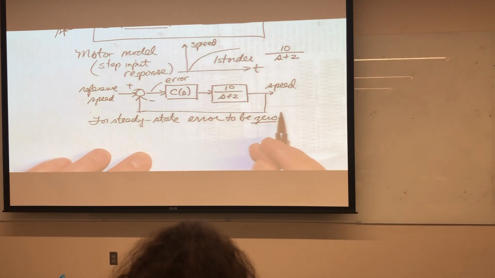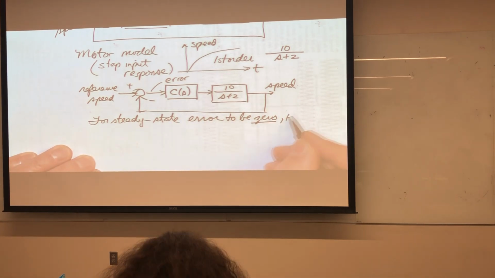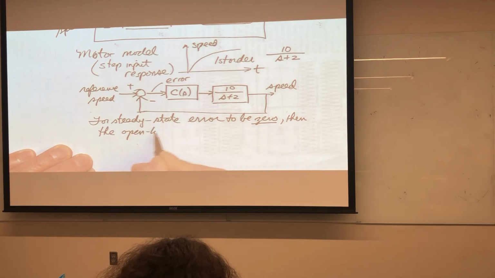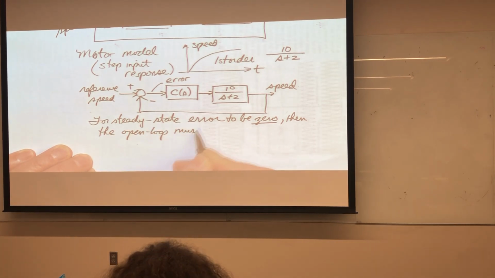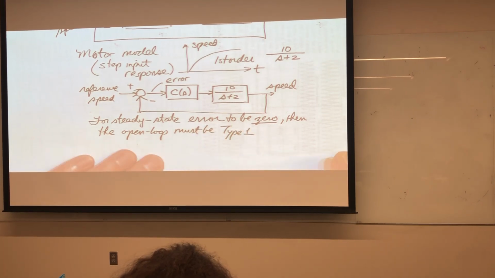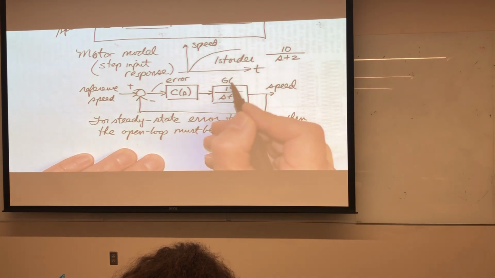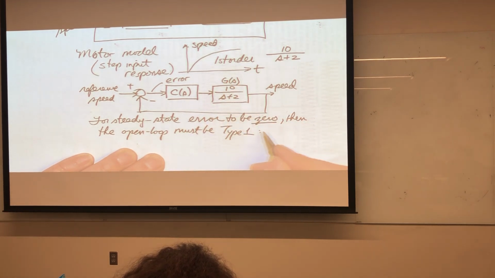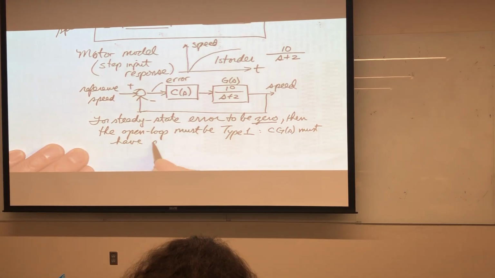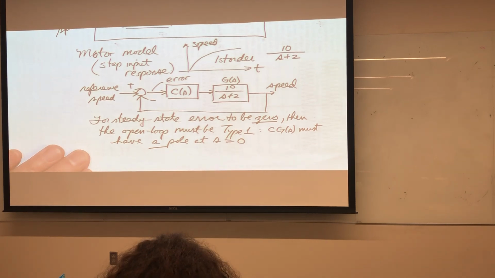If we want steady state error to be 0, then the open loop must be type 1. Okay, in other words, here's G of S, our process. CG of S must have a pole at S equal to 0. A pole at S equal to 0 makes it type 1.